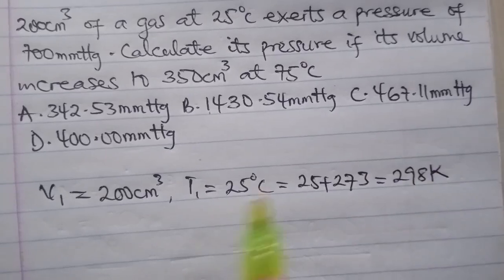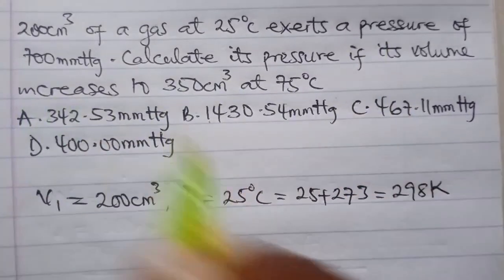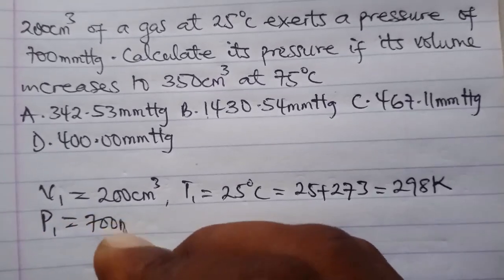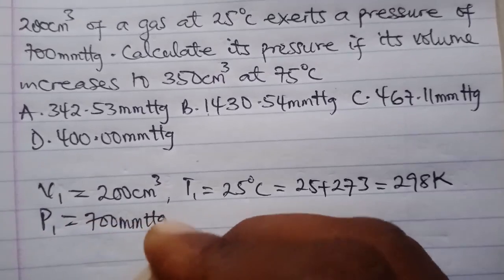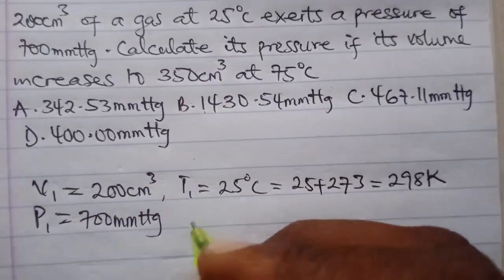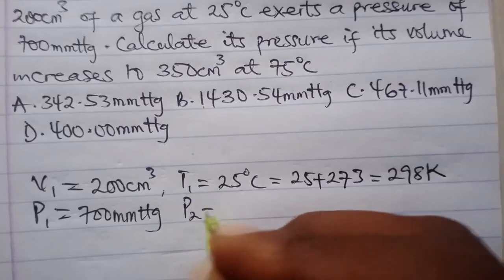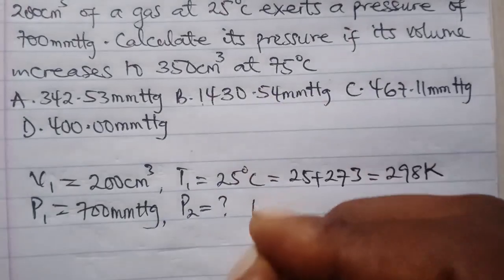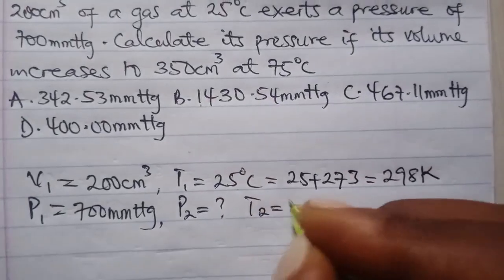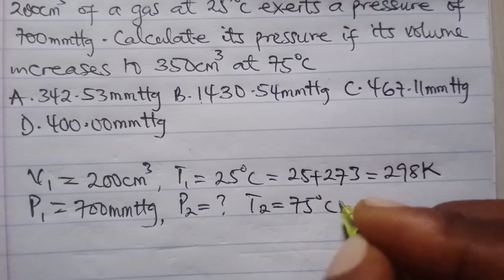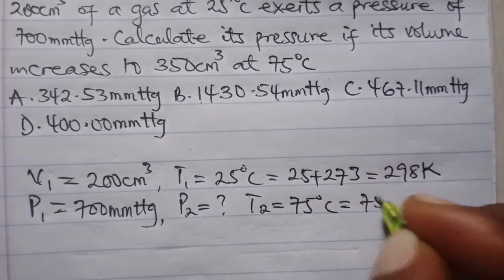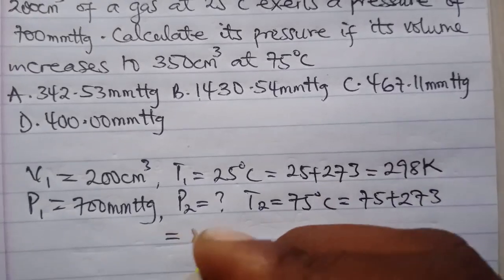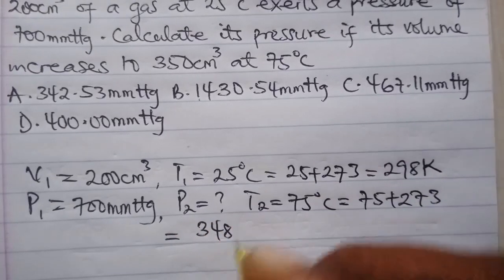Now the next thing is to continue. The first pressure is 700 millimeter mercury. Now we're asked to find the second pressure, and the second temperature is 75 degrees Celsius, which is 75 plus 273, and we add that, we get 348.